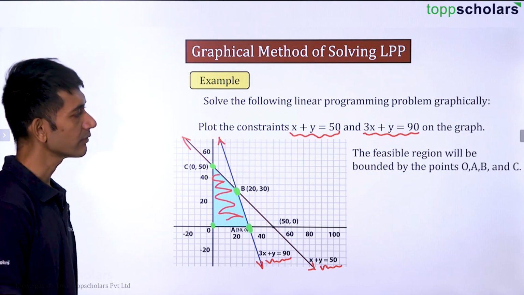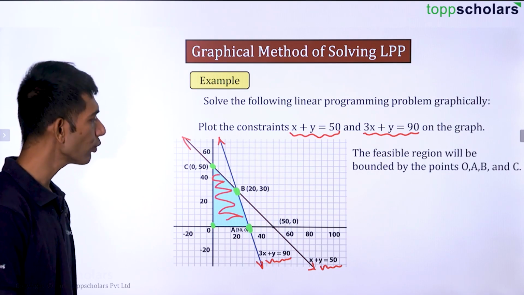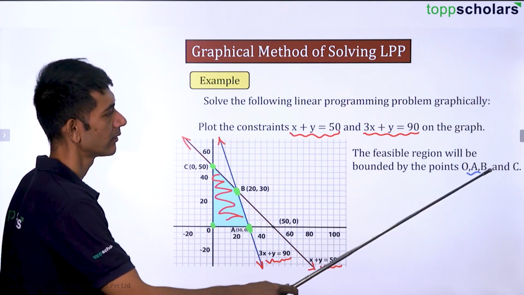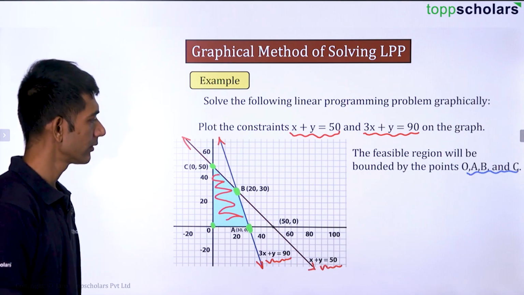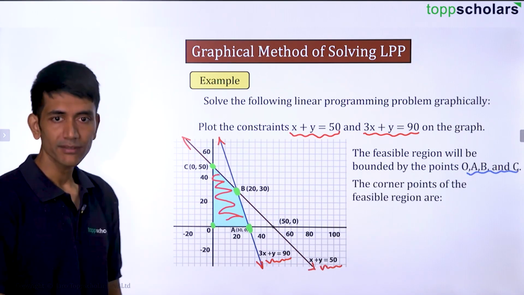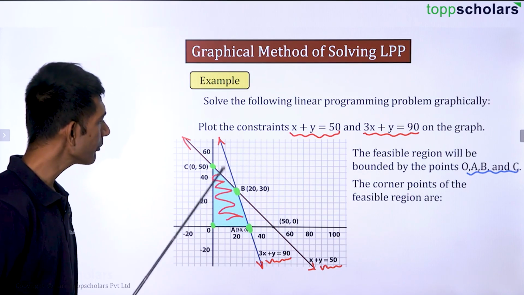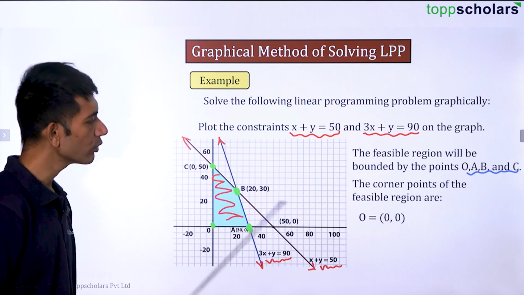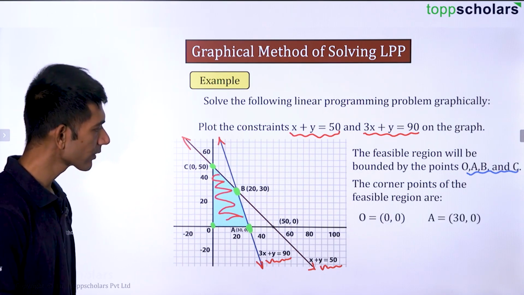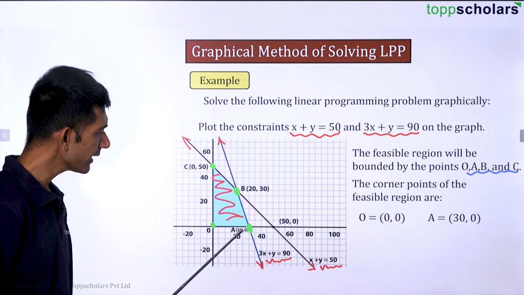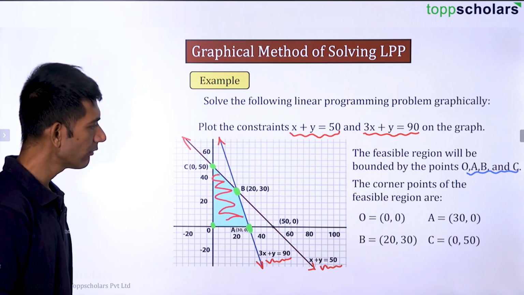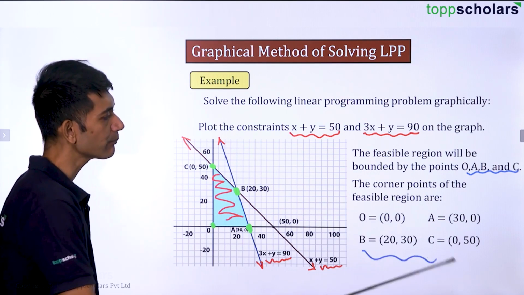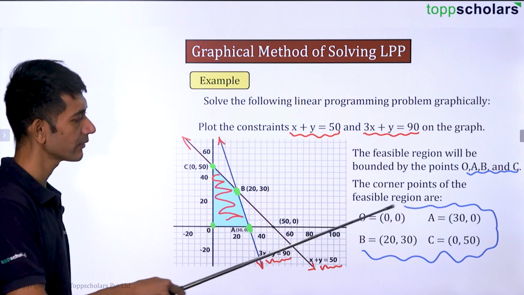The feasible region will be the bounded region by points O, A, B, C. These are the corner points, O, A, B and C. For O, origin, we have 0, 0. For A, where is A? A is 30, 0. For B, we have 20, 30 and for C, we have 0, 50. So all these are important for us.